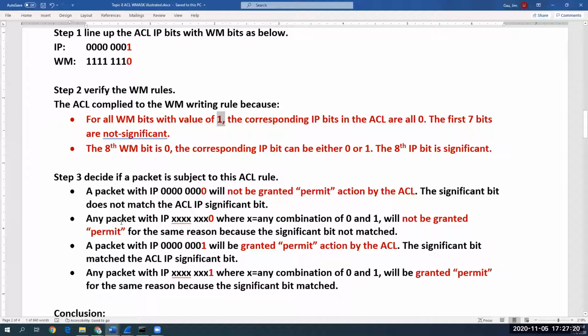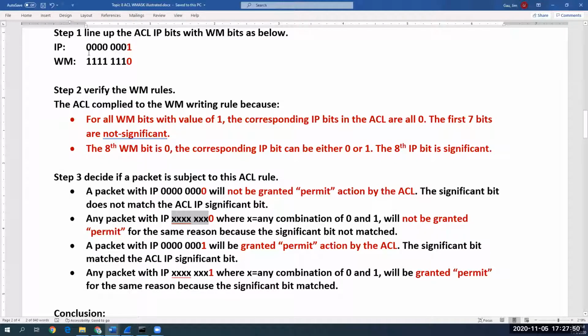For the same reason, consider any packet with an IP of seven X's here, where X is any combination of 0 and 1. It could be 1, 1, 1, 1, 0, 0, 0, 0, or 1, 0, 1, 0, 1, 0, 1, whatever combination. Those 7 bit positions we call not significant, meaning it's a placeholder.